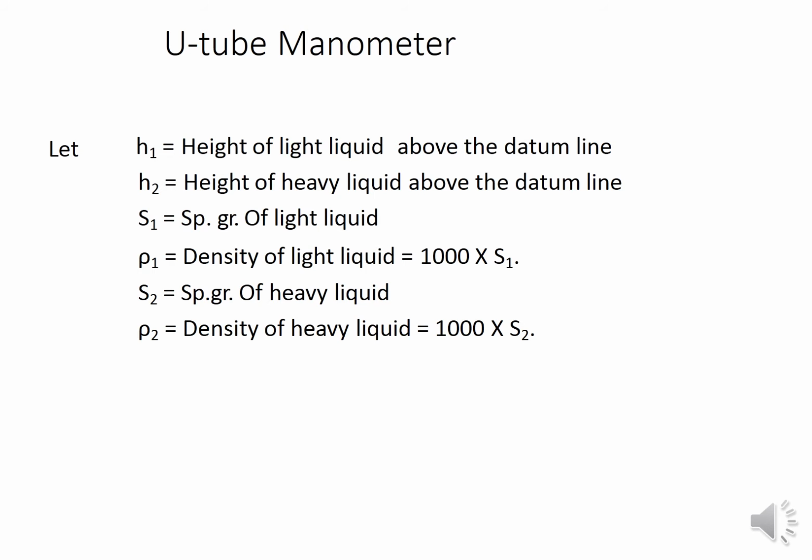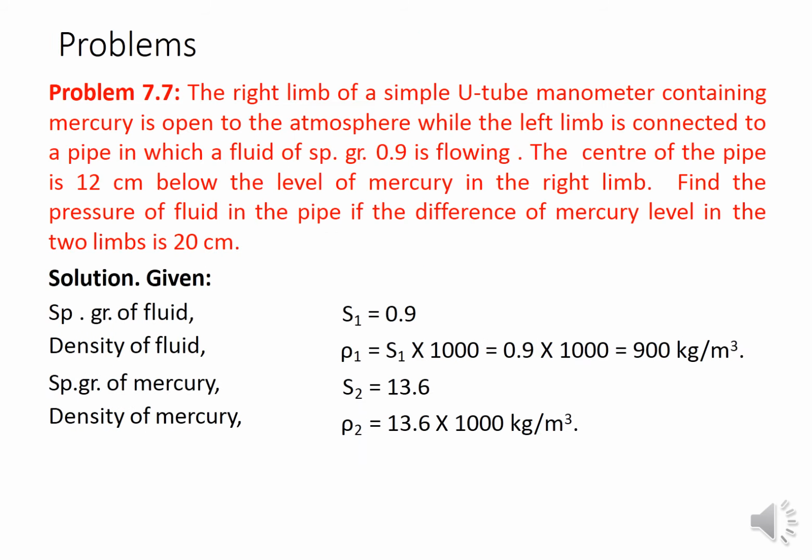So S1 be the specific gravity of liquid in that pipe to be measured, or light liquid. Rho 1 is density, so how to calculate density? 1000 into S1. S2 will be the specific gravity of heavy liquid, so rho 2 is equal to 1000 into S2. So these are the basic things.